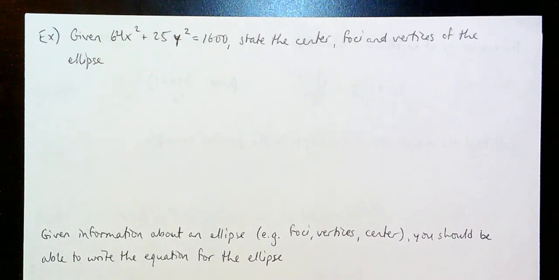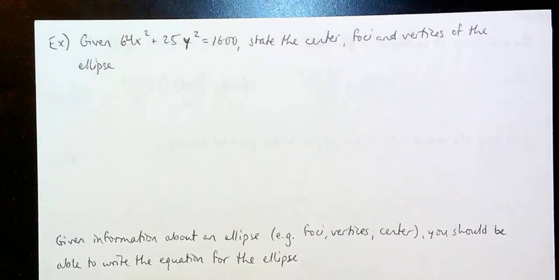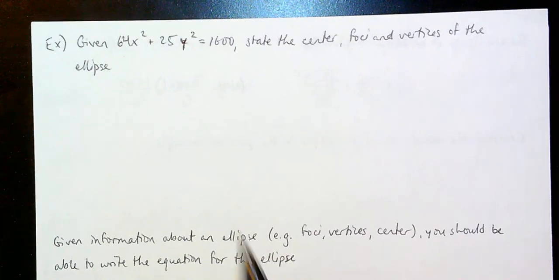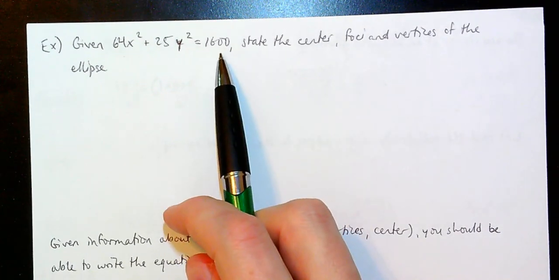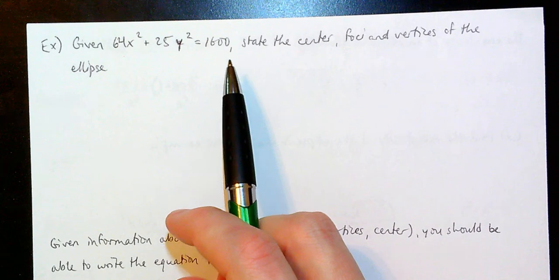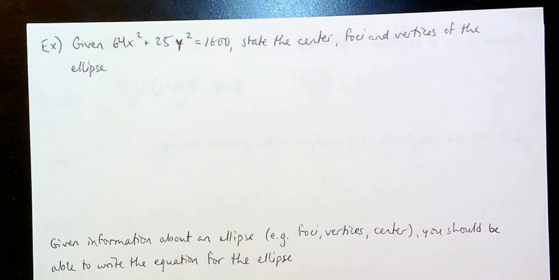This is like a slightly incognito standard form for the equation of an ellipse. There's one little operation that we have to do in order to turn it into that standard form that we know how to work with. What we have to do in this one particular case is simply divide both sides by the number we have on our right-hand side. I have to divide both sides by that 1600.